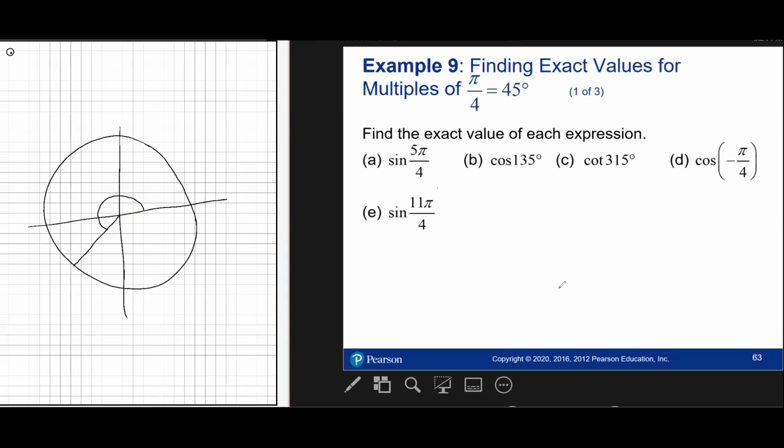So that's this angle over here. And so the coordinates of this point are going to be negative square root of 2 over 2 and negative square root of 2 over 2, because it's a 45 degree angle. It's one of the 4 45 degree angles we talk about. And so the sine and the cosine are going to be the same, and they're both going to be negative. So this is negative square root of 2 over 2.